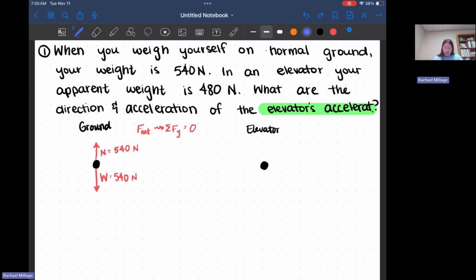So now, if we're in an elevator, it says my apparent weight is 480 newtons.